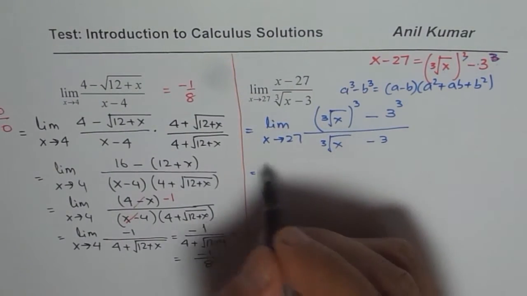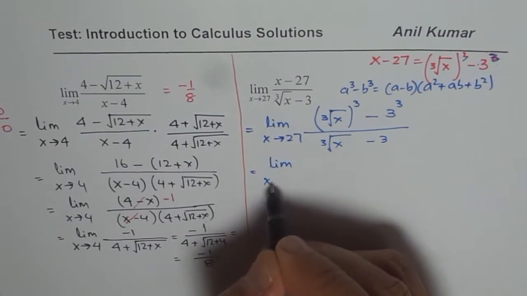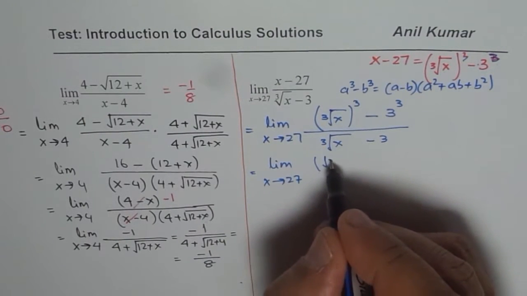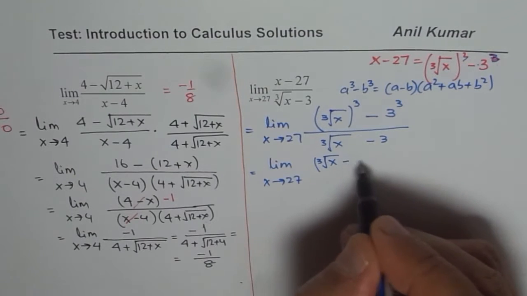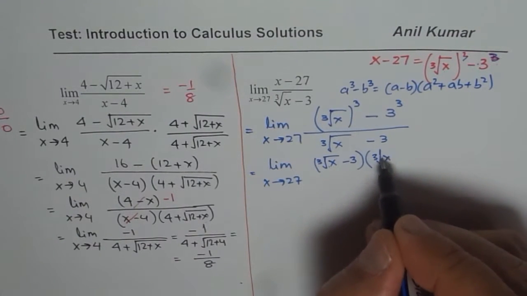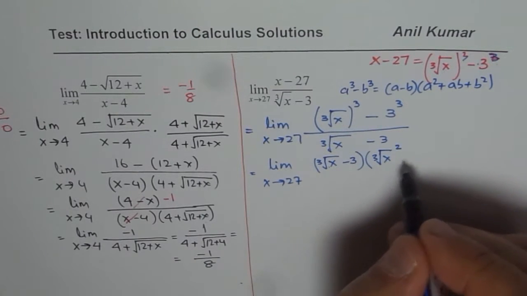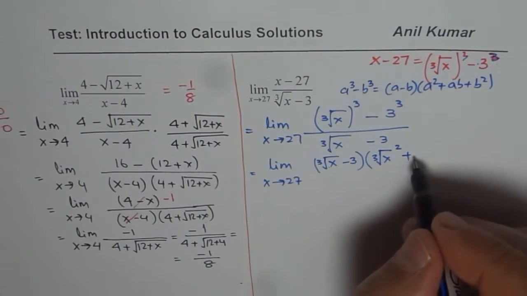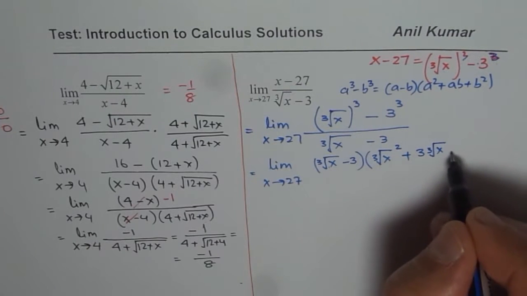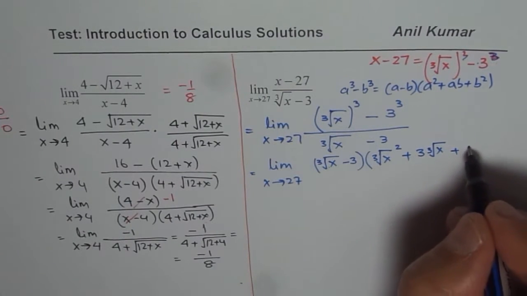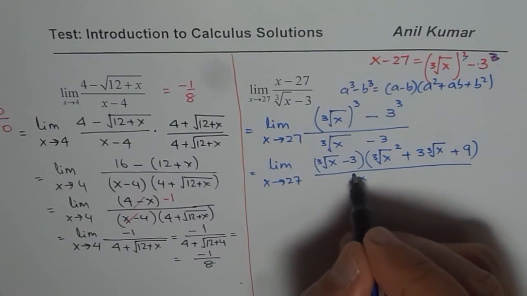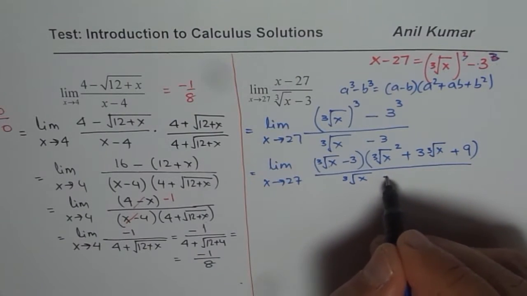We'll just factor the numerator. So it is cube root of x minus 3 times the square of cube root of x, plus the product of these two, that means 3 times cube root of x, plus the square of the last term, which is 9, divided by cube root of x minus 3.